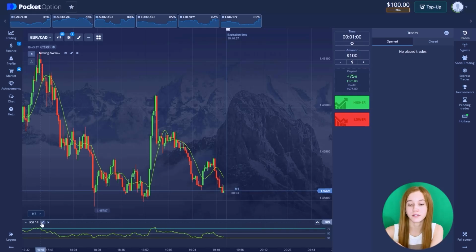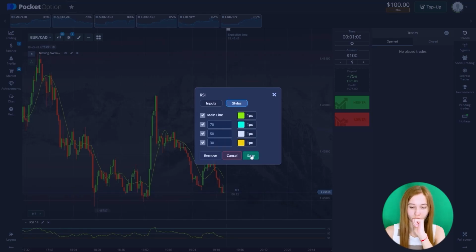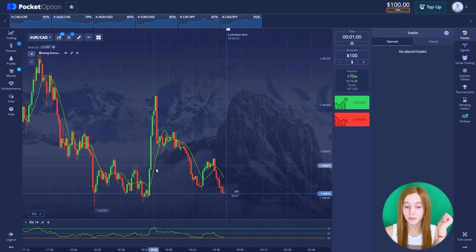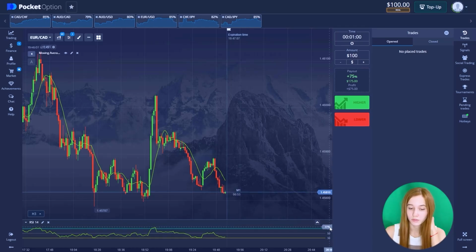This indicator, RSI, the settings, at the bottom of our screen we see. This is a tool that measures the ratio of upward and downward movements and standardizes the calculation in such a way that the index is expressed from 30 to 70.